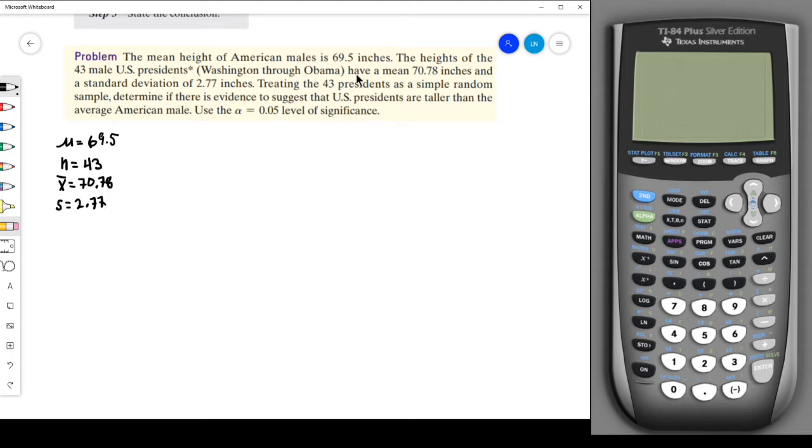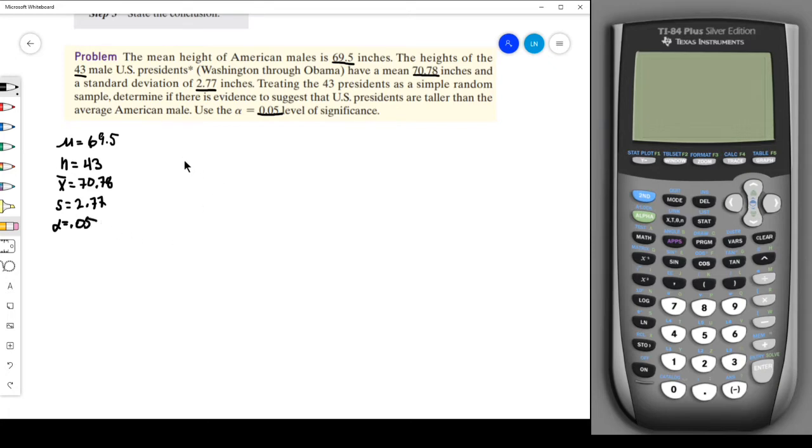All right, so all that information is given to you in the problem: sample size, population mean, sample mean, and sample standard deviation. The other thing I need is my alpha value. So alpha is 0.05. All right, so there's all my information.